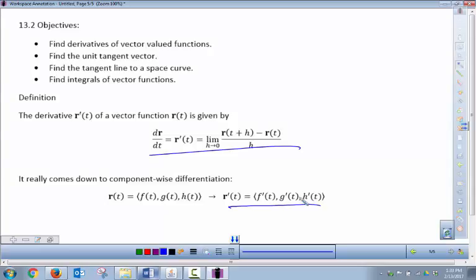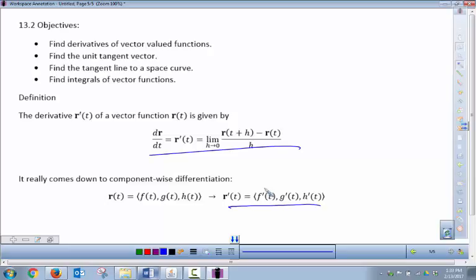That's what we're going to focus on. Yes, it's still a vector function, because when you take the derivative of each of these components, it will still be a vector function, which means you can't really call it an official vector unless you put in values for t, because otherwise you don't know where it's pointing.